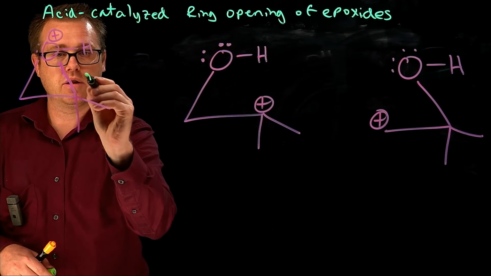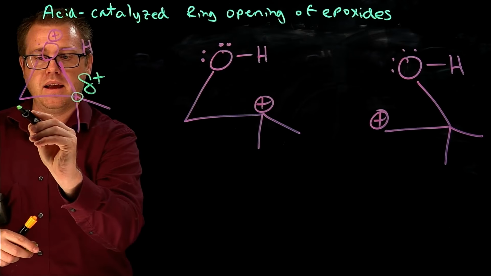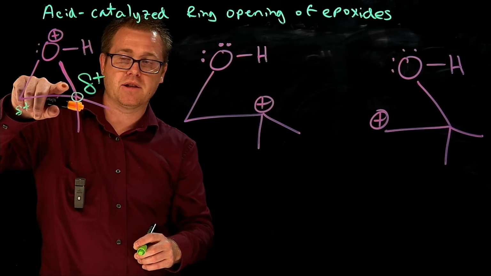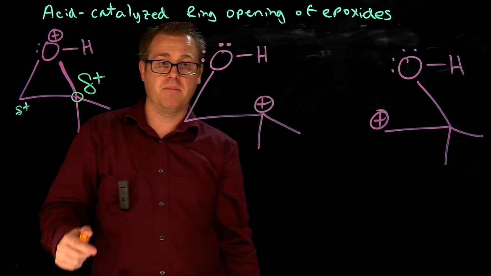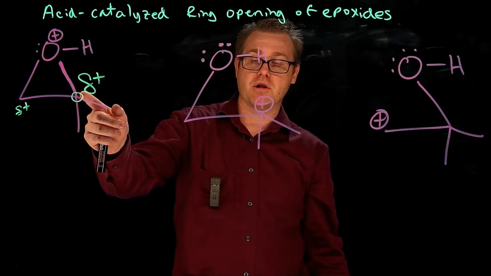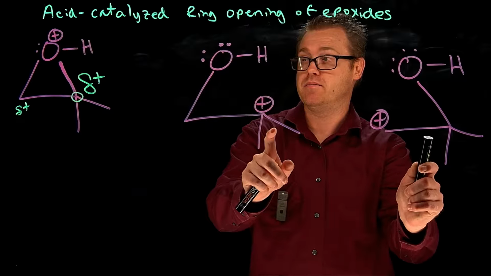All right? So I'm going to draw a large partial positive for this carbon and a tiny partial positive. This bond right here is going to be partially broken because it's going to generate a more stable partial positive due to this idea right here.